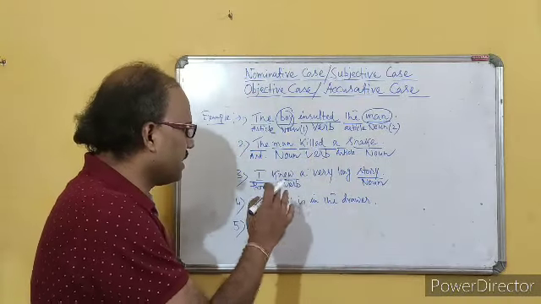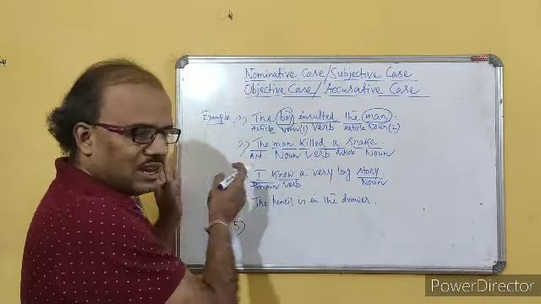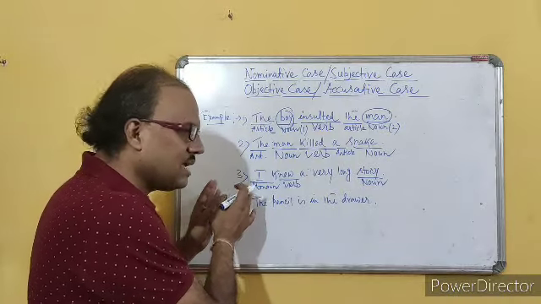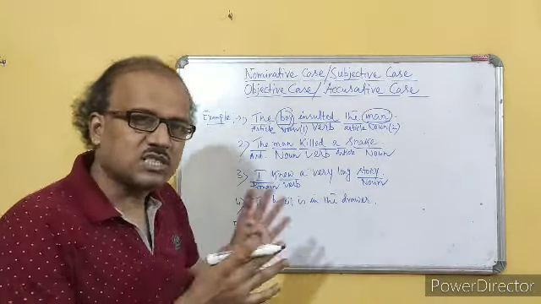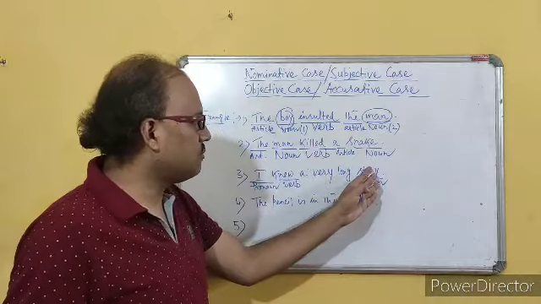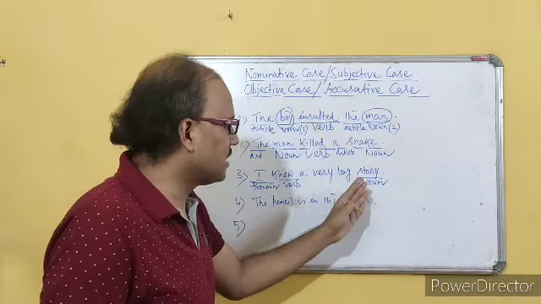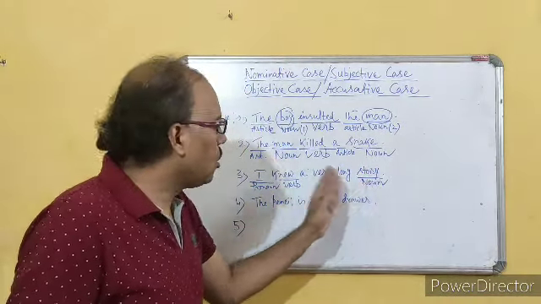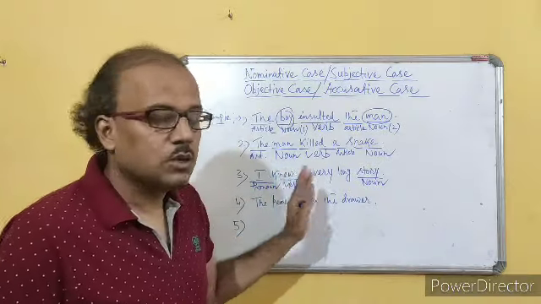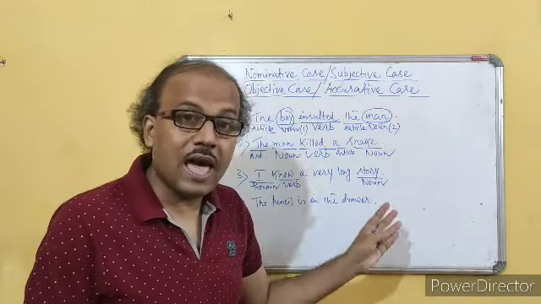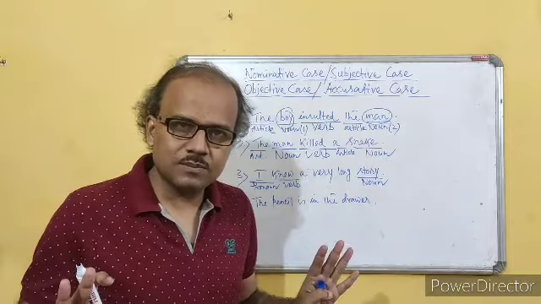So when it is the case of the left part, it is a pronoun I, that is the nominative or subjective case. When you come to the right part, it is the noun story, that is the object of the verb knew. So that is the objective or accusative case. Clear, friends?